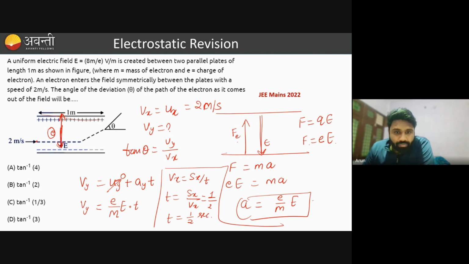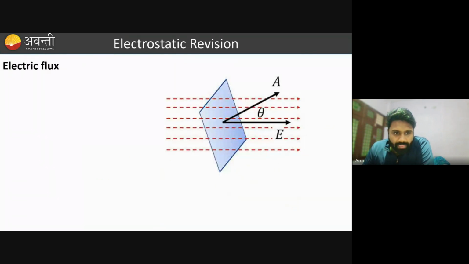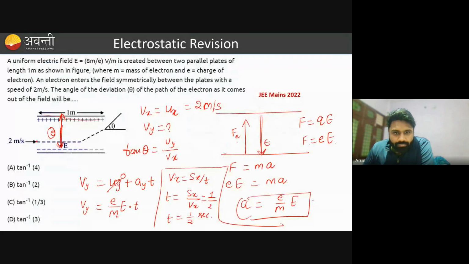Now if you put this time value in this equation, Vy will become 1 by 2 times E by m into capital E. Now tan theta is nothing but, if you put the value of capital E also, which is given as 8 m by E, this m by E will cancel this E by m, and it will become 8 by 2, which is 4.